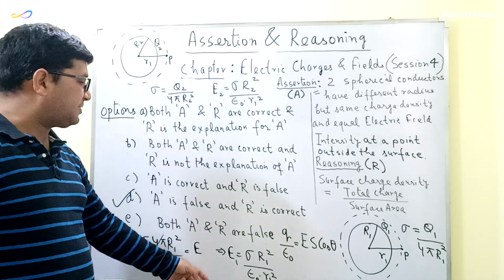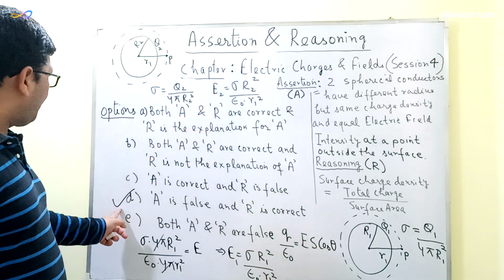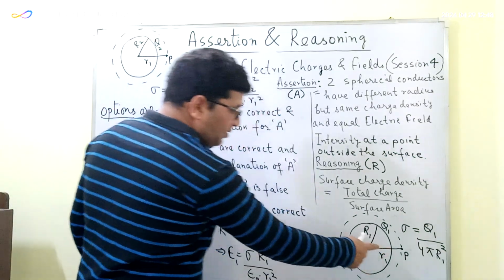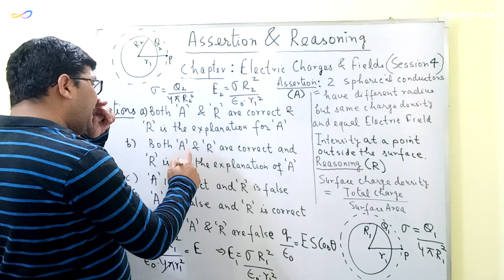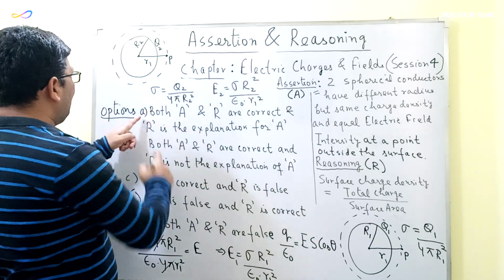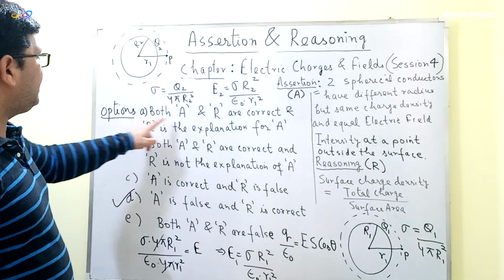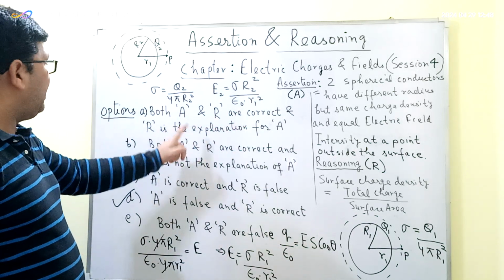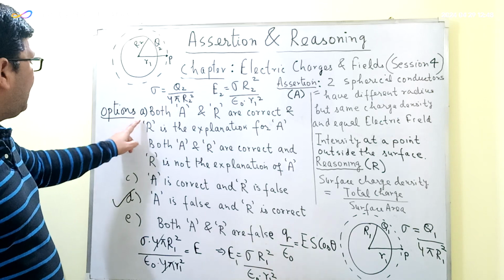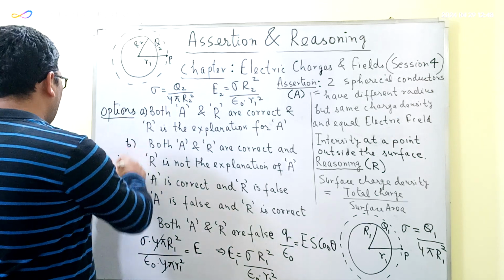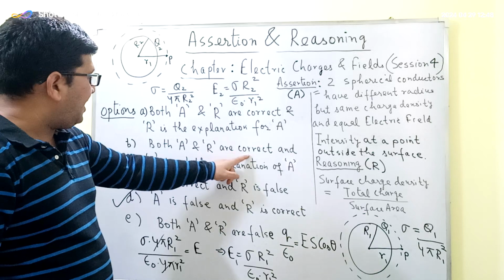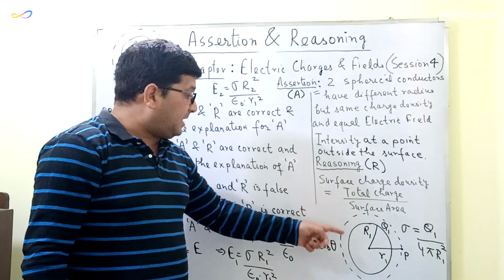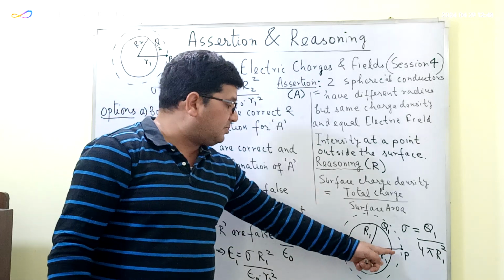Therefore, in this case, the correct option will be D. However, if this point is lying on the surface of the spherical conductor, then the correct option will be B. That is, both A and R are correct, but R is not the correct explanation for A. Okay? That is only when the point is lying on the surface.